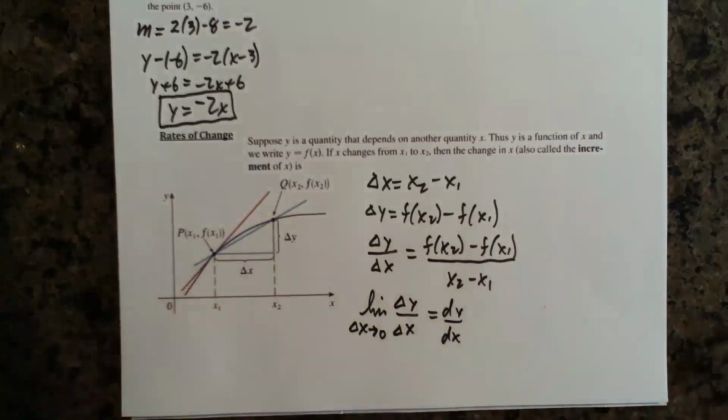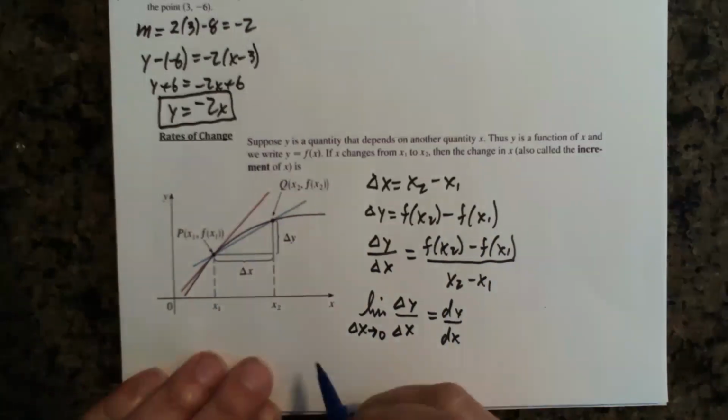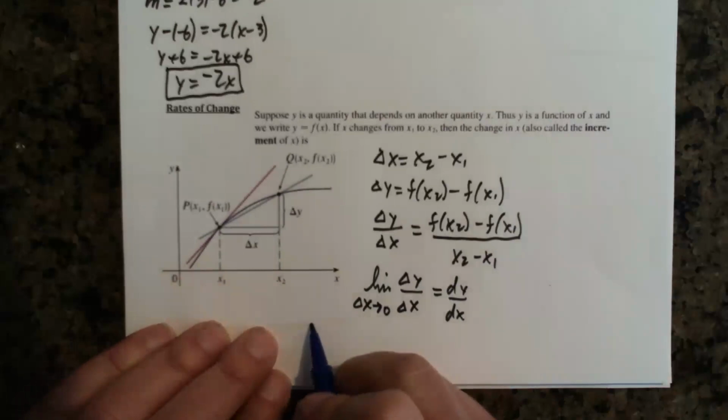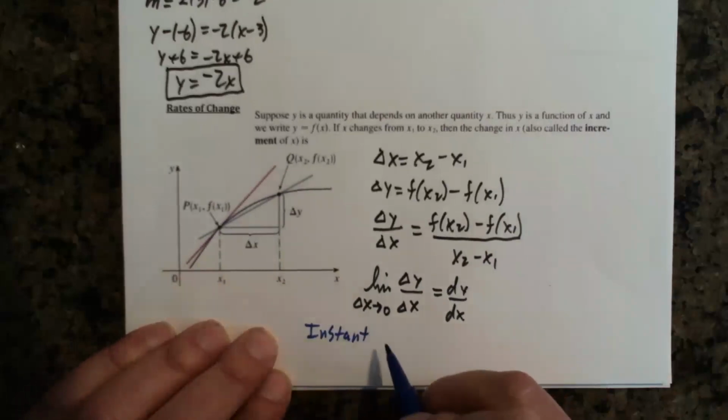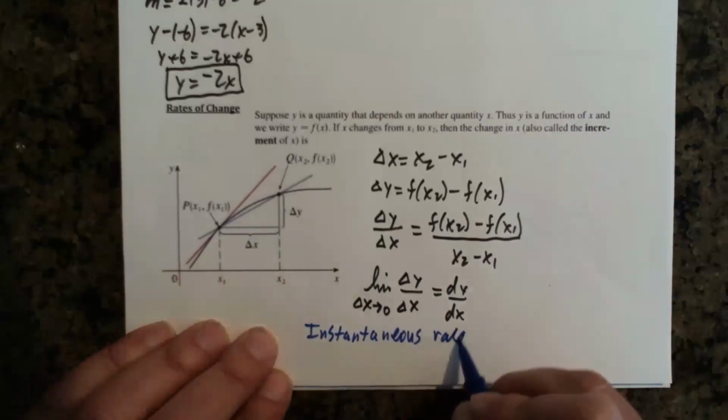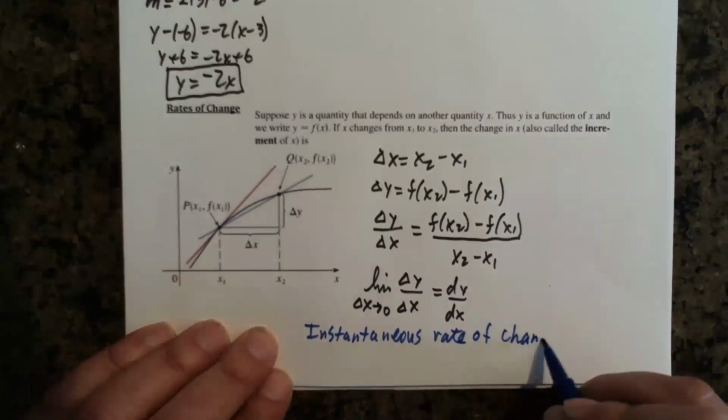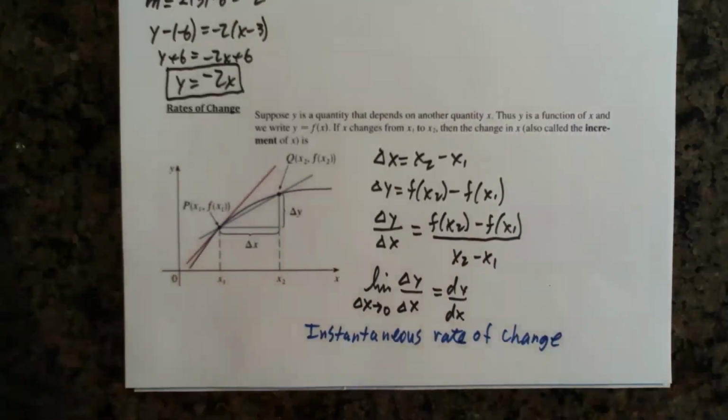This is referred to as the instantaneous rate of change. And this is going to continue to be a bigger deal as we move through this. I hope you found that helpful.